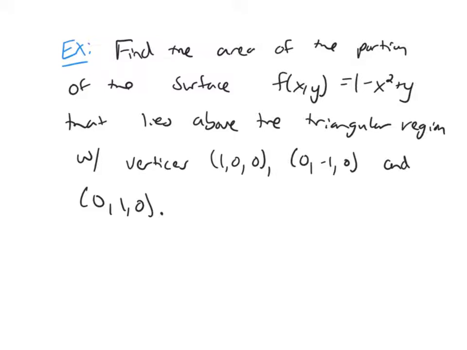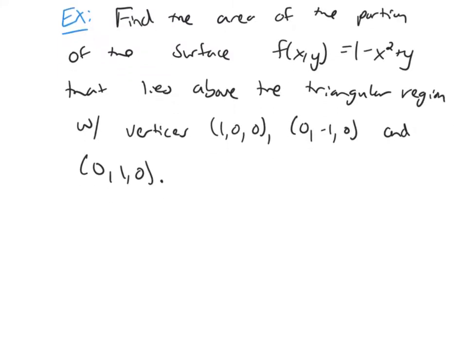All right, so if you notice, all of these points lie on the xy plane. So let's just draw this triangular region in the xy plane. Let's plot these points.